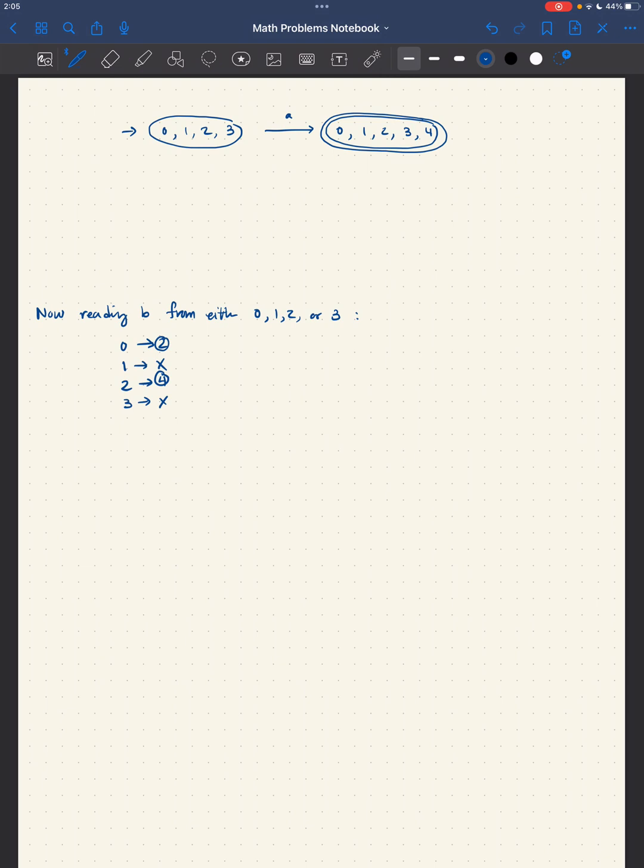Well, let's summarize that. We have that from state 2, which is just indicated here, we can stay at 2. And that's all that we can do. Now, from state 4, we can stay at 4, or go to state 3. So let's put it in a summary.